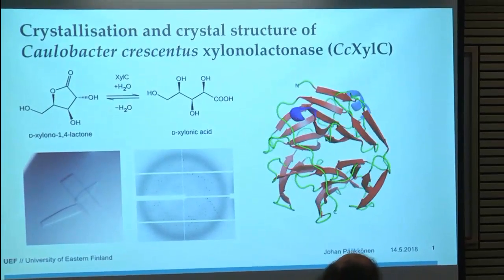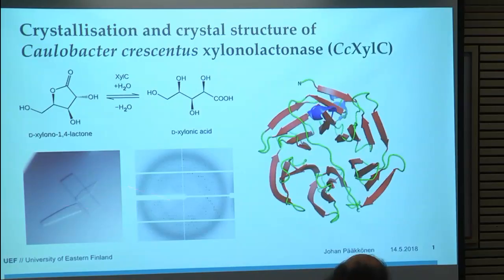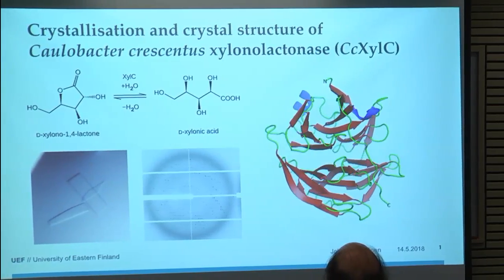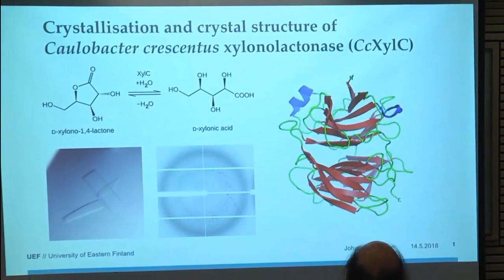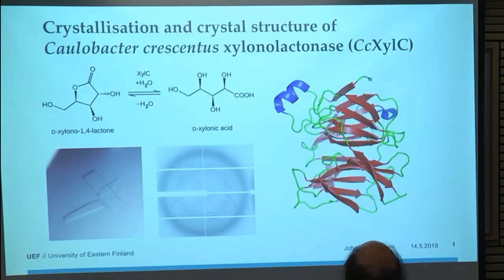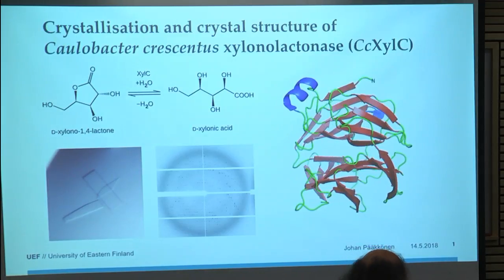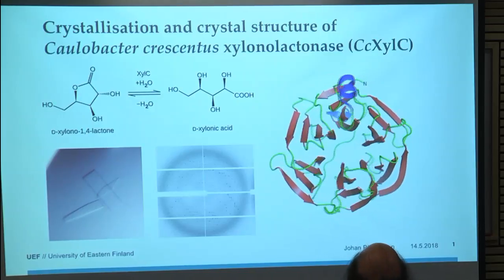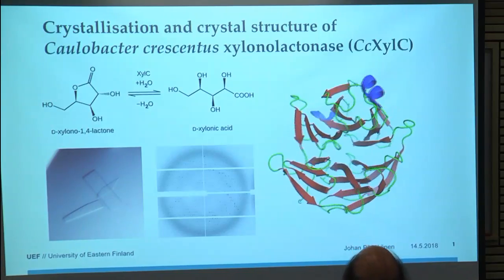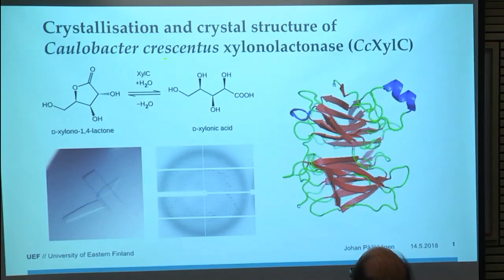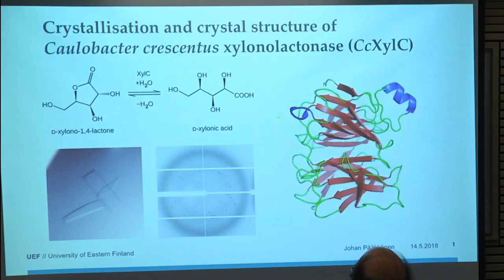So I've been able to crystallize it and optimize the crystallization conditions to obtain good crystals. The crystals have been measured at both DLS and ESRF synchrotrons. The best data set is of resolution 2.8 angstroms, so not very great, but it allows us to solve the structure preliminarily.